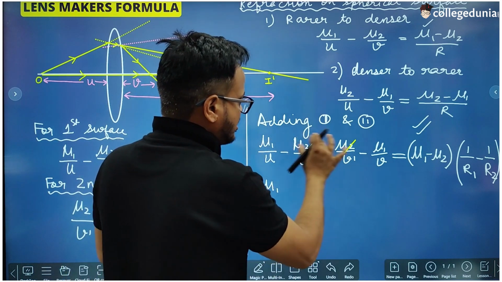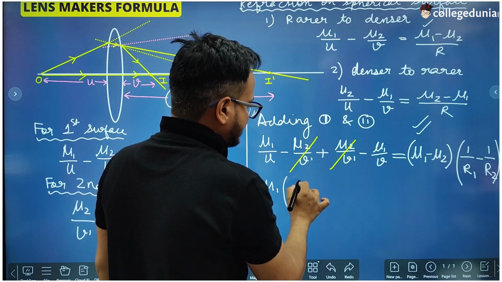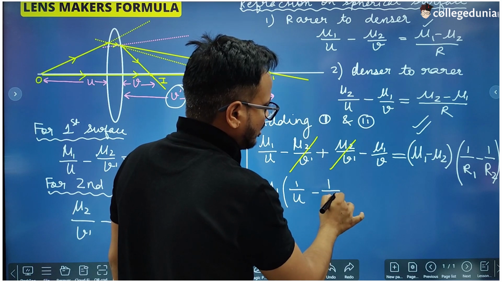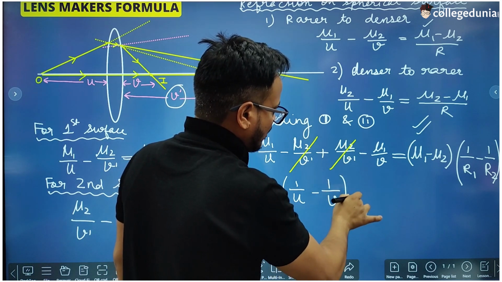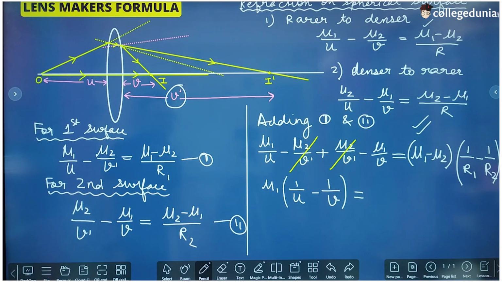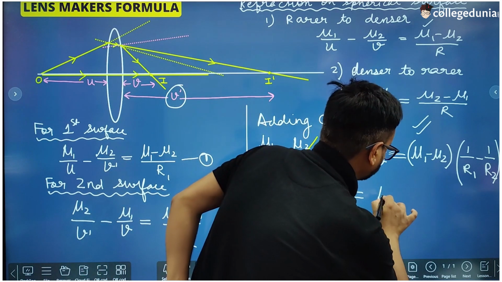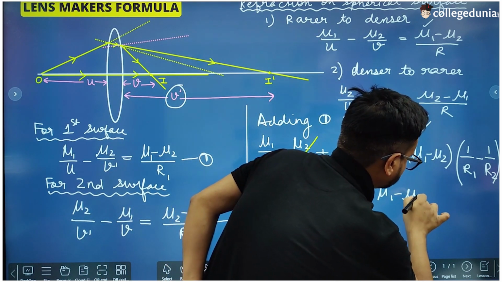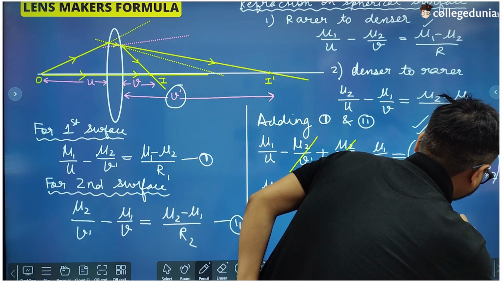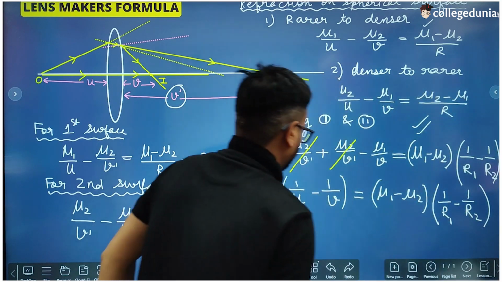If from these two we take mu1 common, we write 1 upon u minus 1 upon v, so we are left with this.